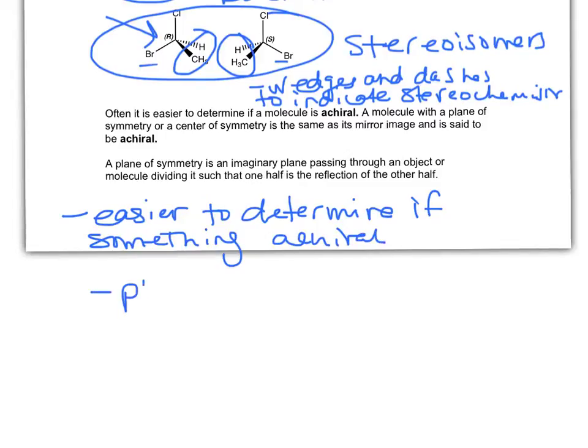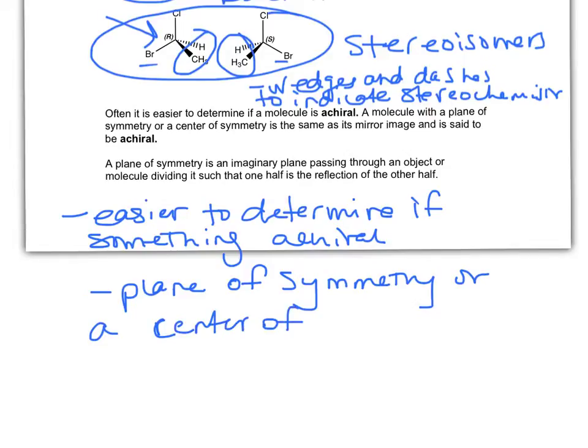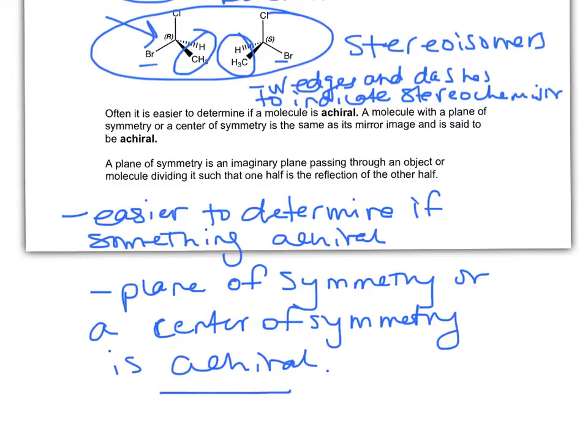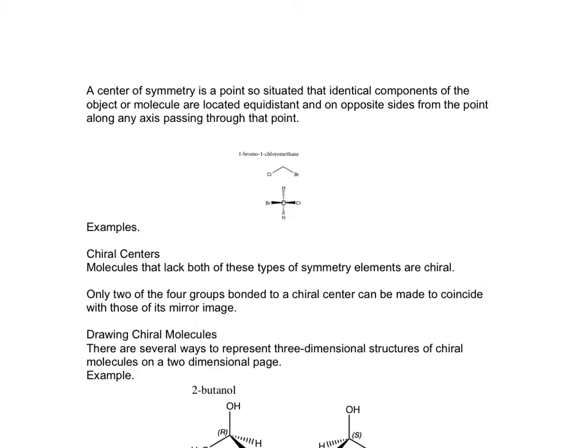And so anything with a plane of symmetry or a reflection of symmetry, or a center of symmetry, is achiral. And so usually an achiral object or an achiral carbon will have two or more of the same substituents.